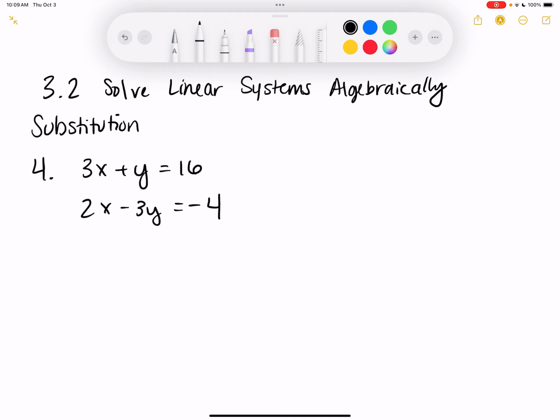Now, the way that I personally choose, and you don't have to do it this way, is if there's a variable that just has a 1 or a negative 1 in front of it, I get that one by itself. If you do it another way, that's fine, you're just making your life harder. So I'm going to get y by itself in this one. So that would give me y equals negative 3x plus 16.